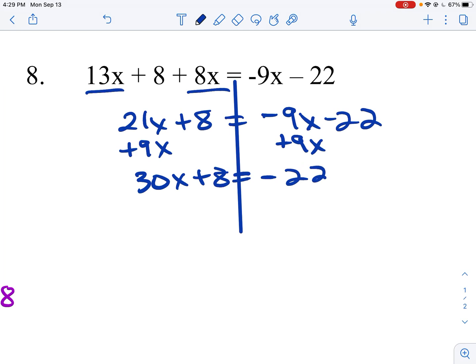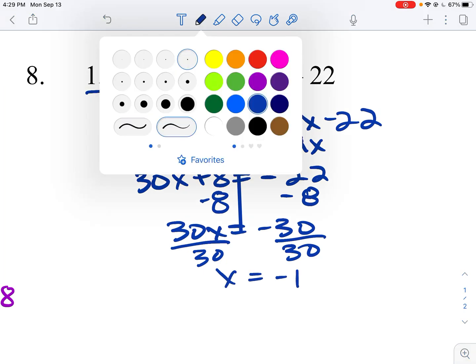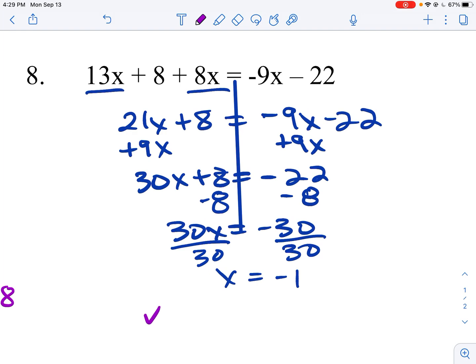I would get 30x plus 8 equals negative 22. I subtract 8 from both sides. 30x equals negative 30. Divide by 30 and get x equals negative 1.